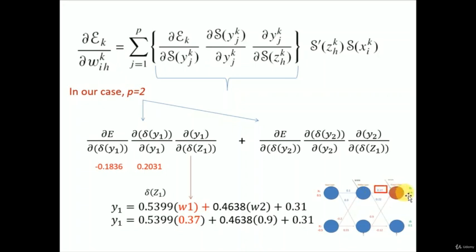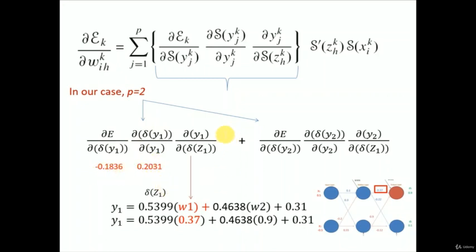Okay, so we're going all the way to this path and this path. We're summing them up together, and then we're applying the derivative of the net input value with respect to the weight in order to update this weight. So we found these two from the chain rule, again, negative 0.1836 and 0.2031.